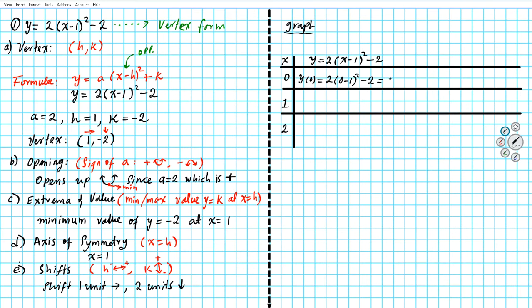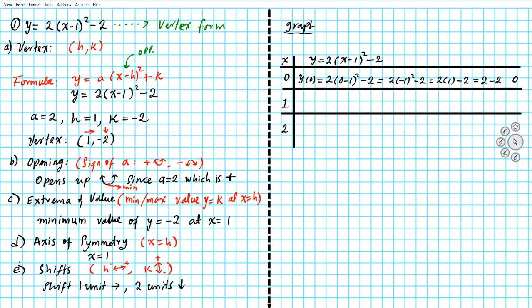So we're going to do the parentheses first. 0 minus 1 is negative 1. Squared, minus 2. Following PEMDAS, exponent is next. So negative 1 squared is just 1, because minus times minus is plus. So 2 times positive 1 minus 2. Then you multiply, you get 2 minus 2. And your answer is going to be 0.